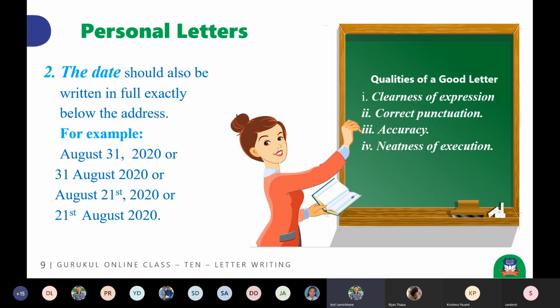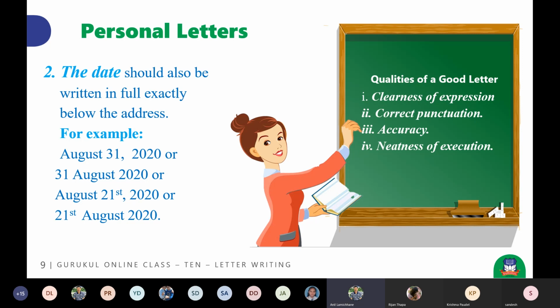Or if you write 31 in the beginning, 31 August 2020. This way also. Or August 31st, then comma and 2020. Anyone can be followed. Sorry, it's 30 with 31st for 2 days, but it is a format, so it does not matter.